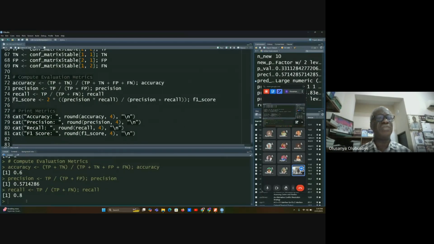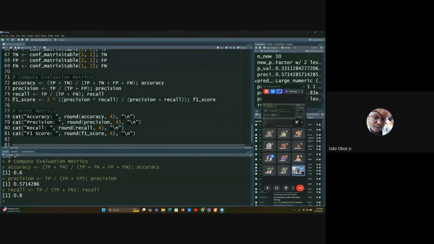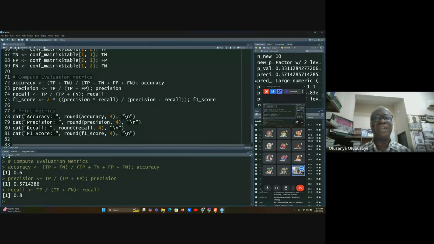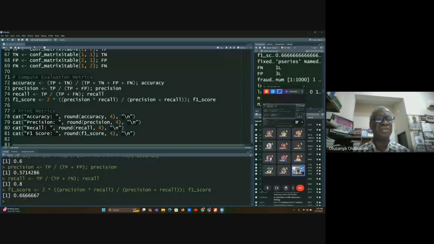That gives you 0.8. F1 score is 2 multiplied by precision times recall over precision plus recall, so you will have computed precision and recall before you can compute F1 score. With this expression, you get F1 score, which is 0.66.